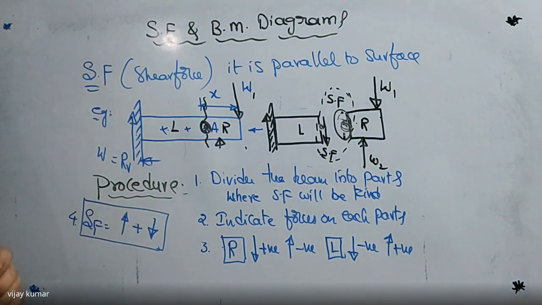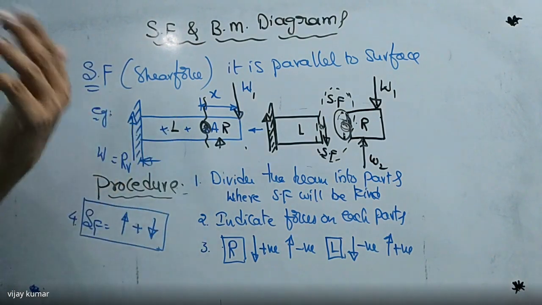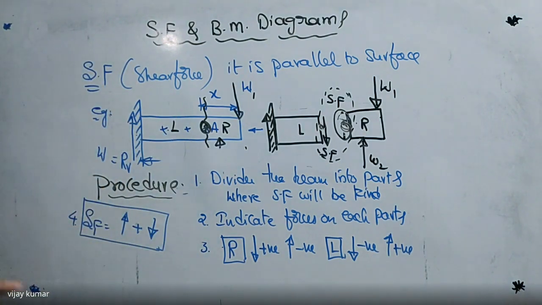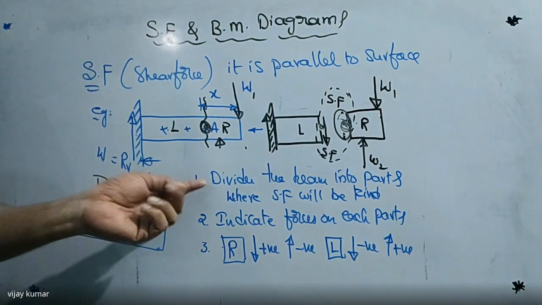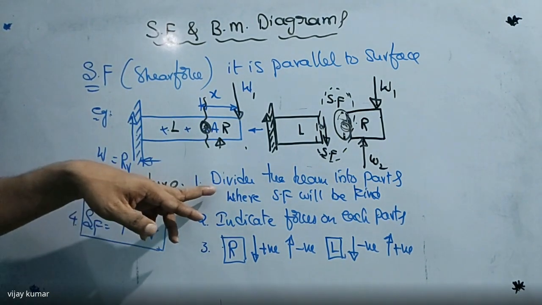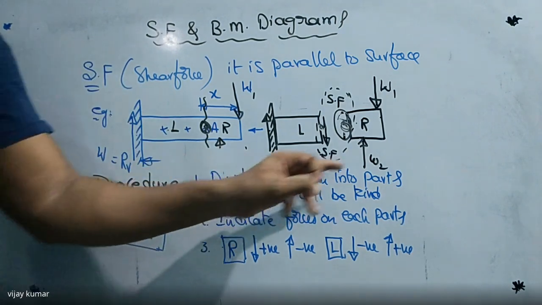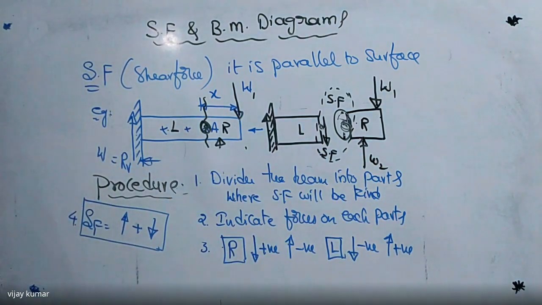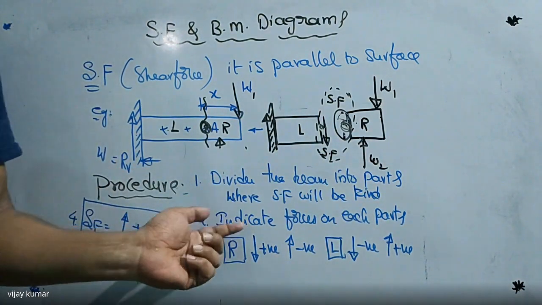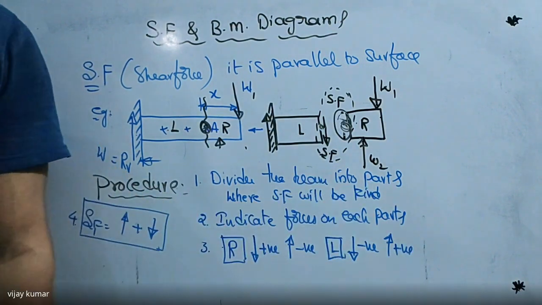Now here, if you want to find the shear force at any point, for any type of beam, for any type of loading, we have to follow some procedure, but only 3 points. Have you got it? What are the points here? If you want to find the shear force at any point, at that point, divide the beam into how many parts? 2 parts. And the second one, indicate forces on each part.